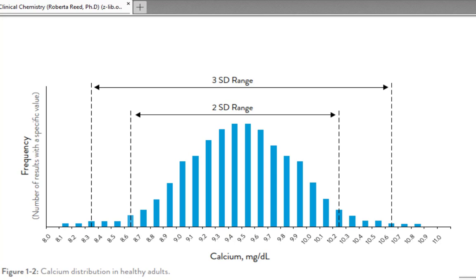For a typical bell-shaped distribution, as shown for calcium, approximately 68% of all results are within one standard deviation of the mean. Approximately 95% of all values are within two standard deviations of the mean, and approximately 99% of all values are within 3 standard deviations of the mean.